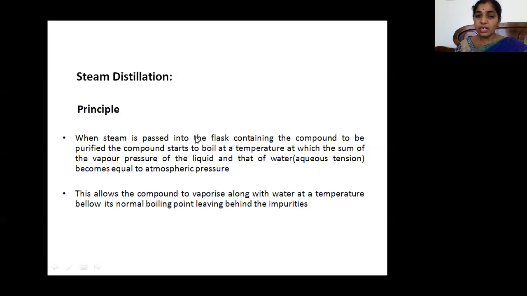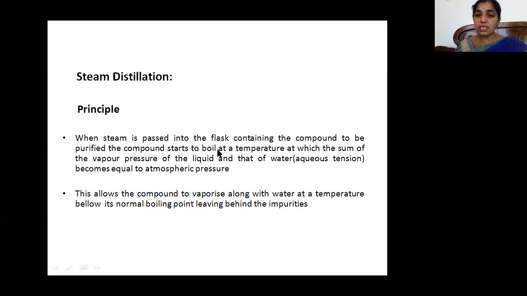So here, it is not the boiling point. The compound starts boiling at a temperature when the sum of the vapor pressure of the liquid and that of the water equals atmospheric pressure.